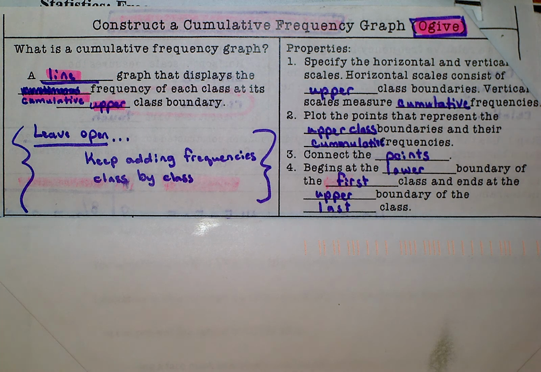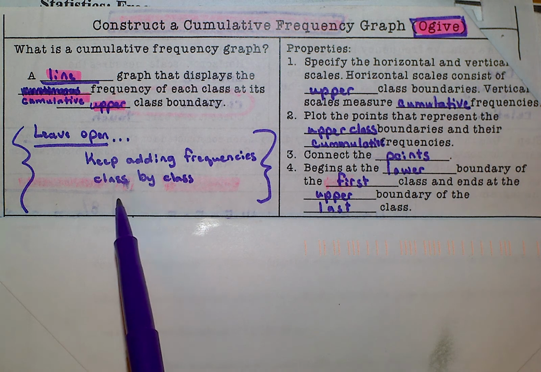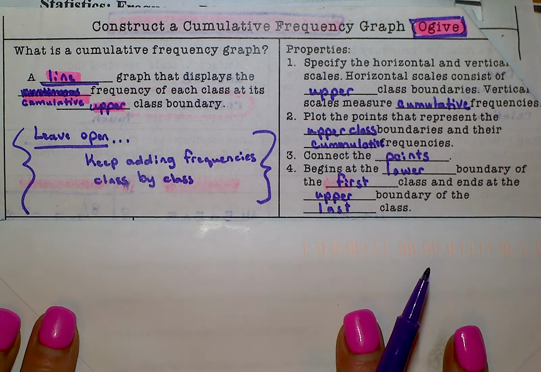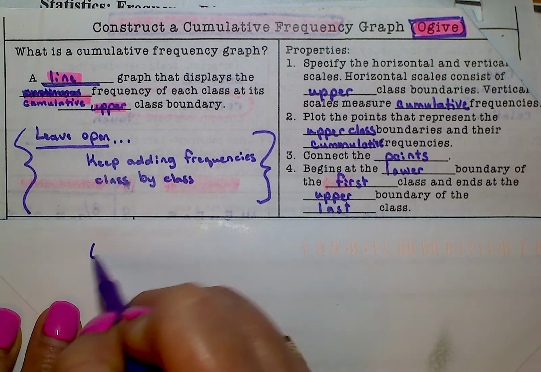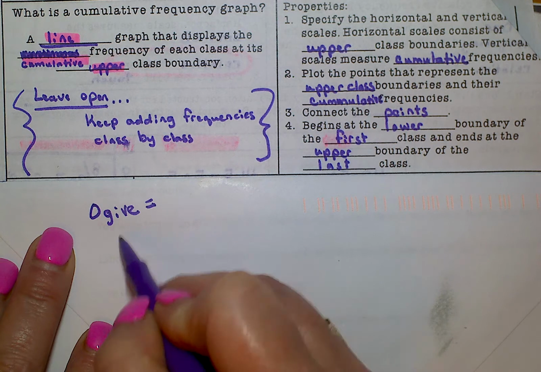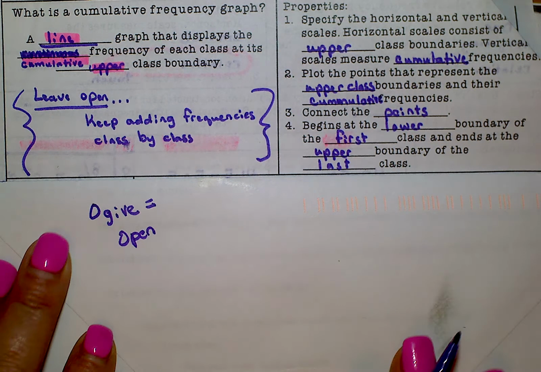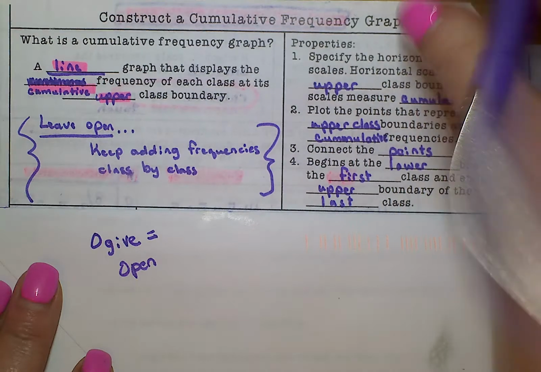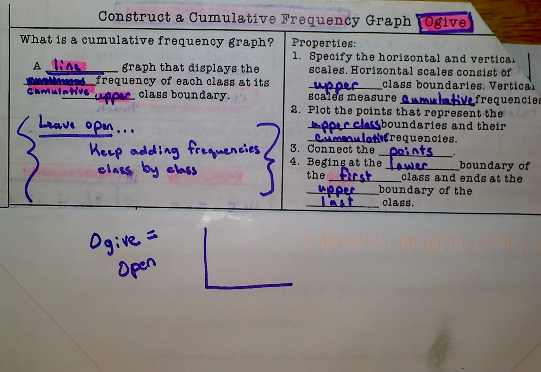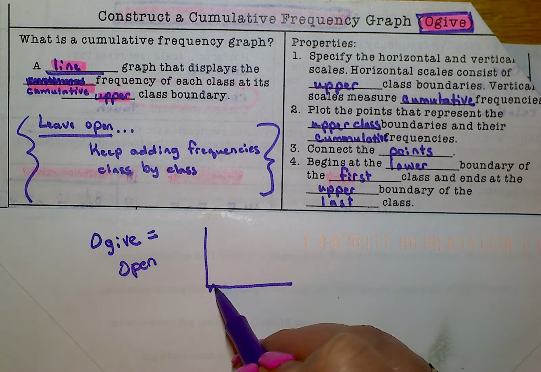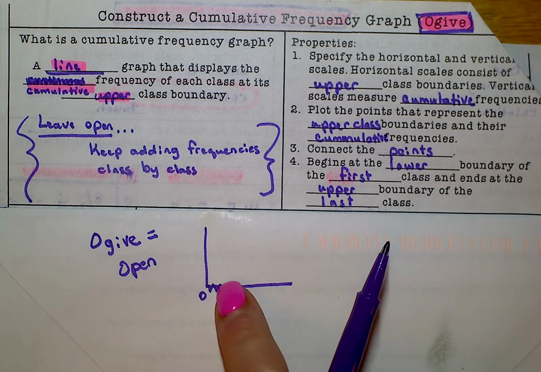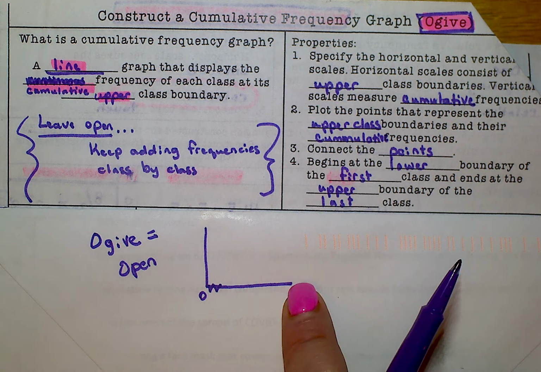Now with the ogive, you're going to keep adding frequencies class by class. Now, if you look at the word ogive, put a note that this graph is going to be open, okay? Ogive open. And what's going to happen to this graph, I'm just going to put it under here for an example. You're going to sometimes have a break here like we did when things don't start in the right pattern and you have a pattern that works after that point.